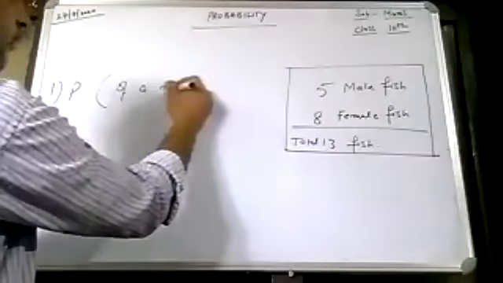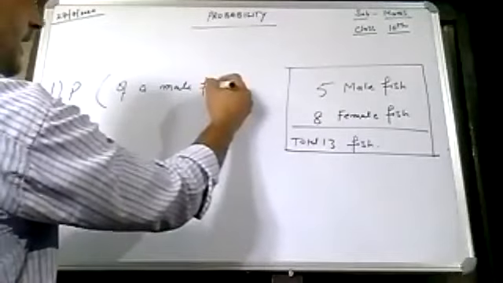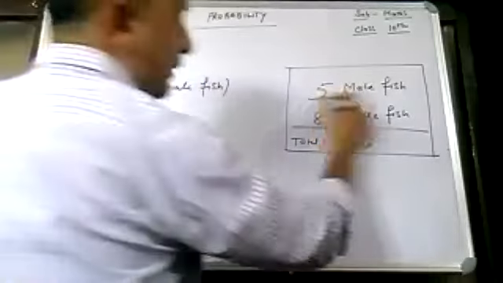What is the probability that the fish taken out is a male fish? We need the probability of a male fish, class. Clear? How many males are there? 5. How many in total? 13. So 5 upon 13.